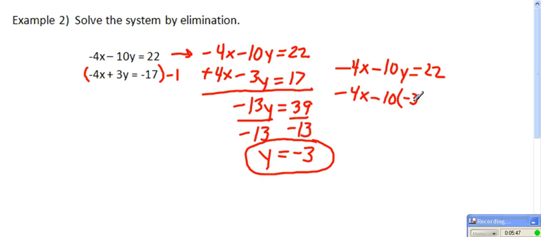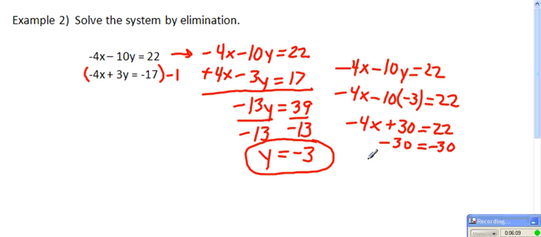So substitute negative 3 in for y. We have negative 4x, negative 10 times negative 3 equals 22. Negative 4x, and negative 10 times negative 3 is a positive 30, equals 22.